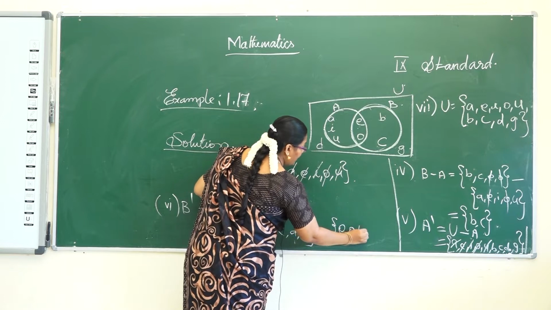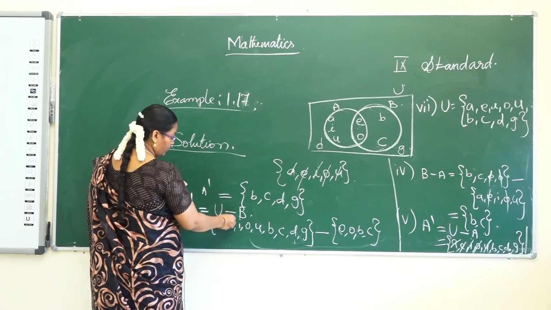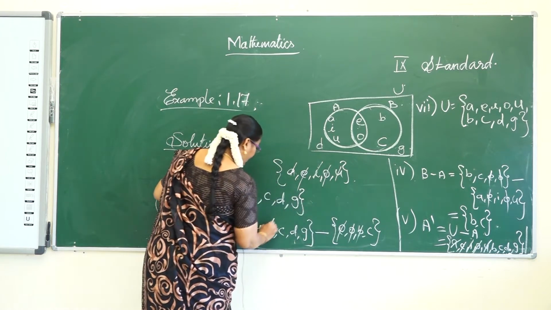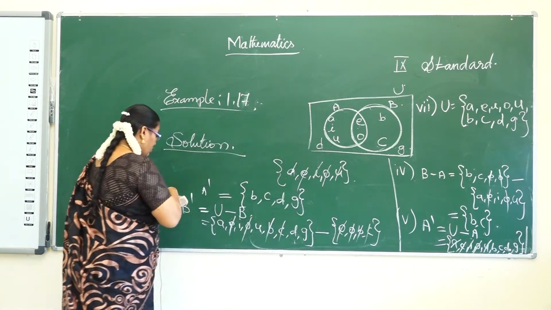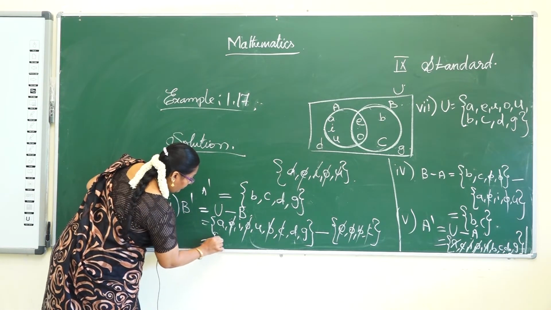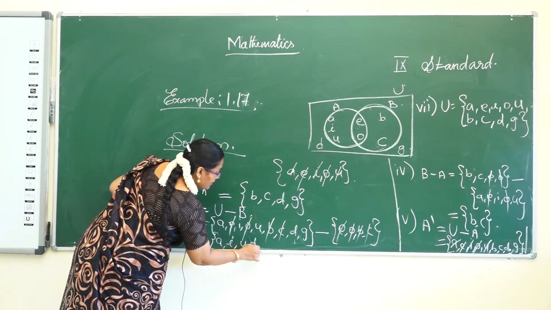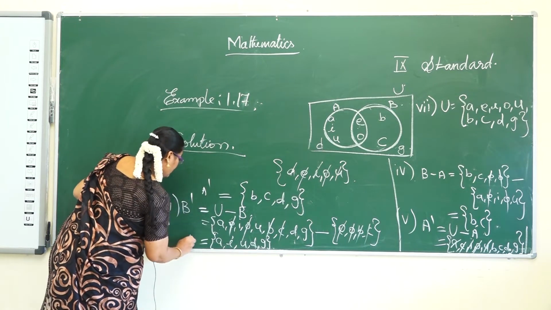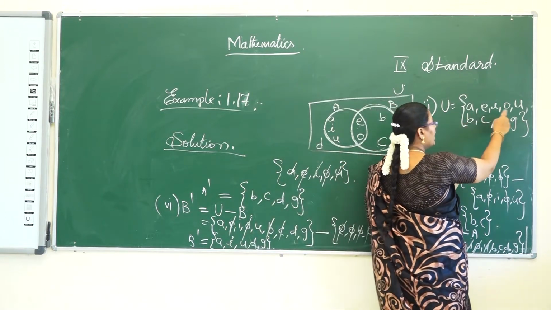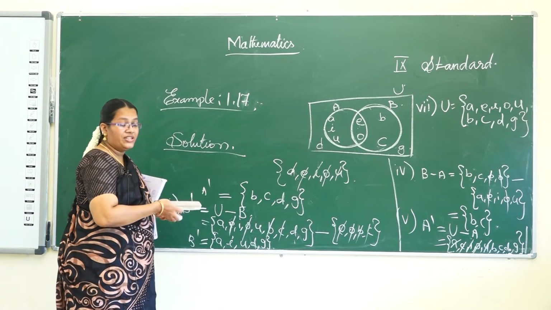E, O, B, C. Okay, so cancel the common elements from both sets, E, O, B, C. So what remains? A, I, U, D, G. Okay, so that is B dash. And the seventh one, universal set. It has elements A, E, I, O, U, B, C, D, G. Okay, I hope you are understanding all the operations.